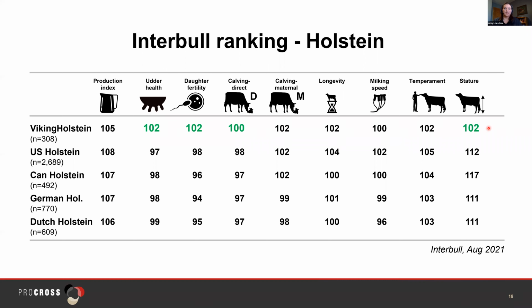So a 10 point or 1 standard deviation smaller stature compared to US Holstein. Canadian Holstein, interestingly, is up here at 117. And guys, if you've been in Canada, they're typey cows, but man, those are big cows. So compare that with what Viking Holstein has to offer here on reducing body size of cows and creating more feed efficiency because of that smaller cow.